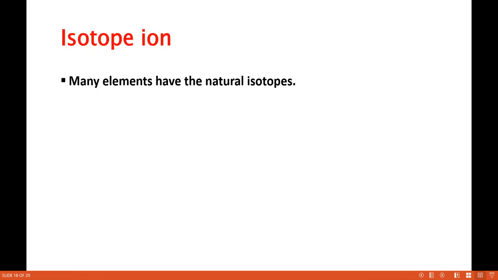Then the isotope ion. This is the last ion. Many elements have natural isotopes. So first, what are isotopes? Isotopes are atoms having the same atomic number but different mass number. Many elements have natural isotopes.